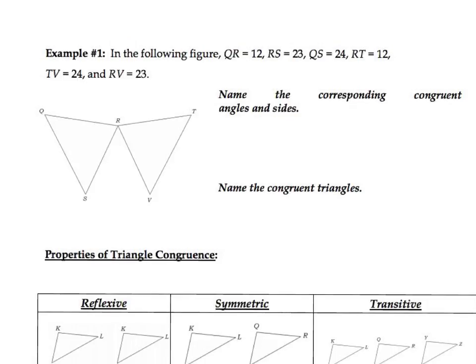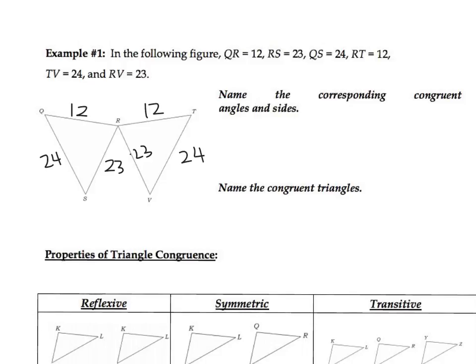QR has a length of 12, RS has a length of 23, QS has a length of 24, and then RT is 12, TV is 24, and RV is 23. Labeling what you're given is helpful in naming your corresponding congruent angles and sides.